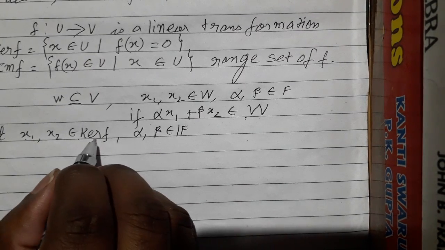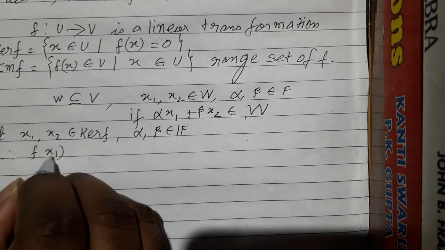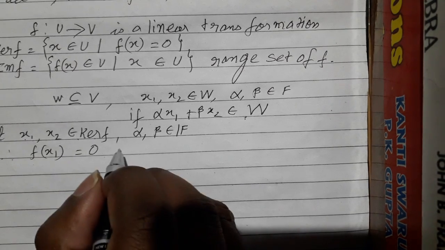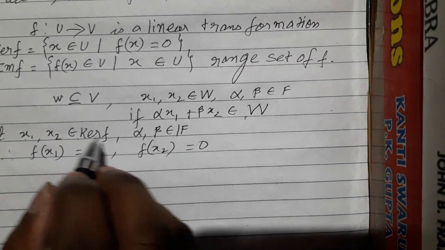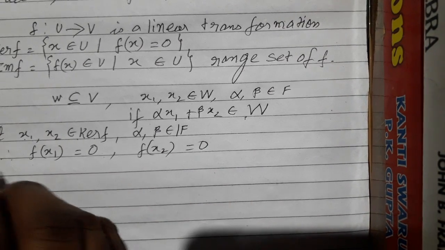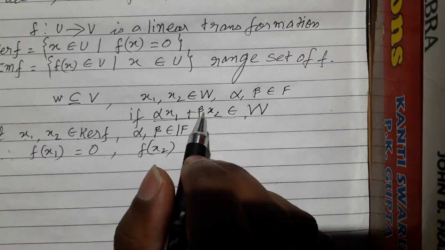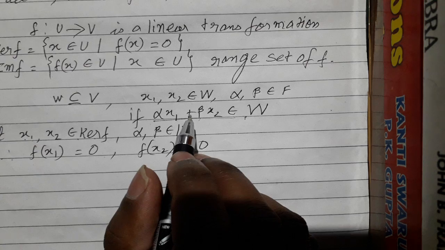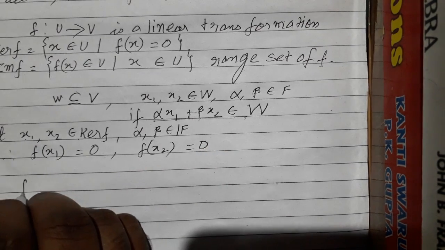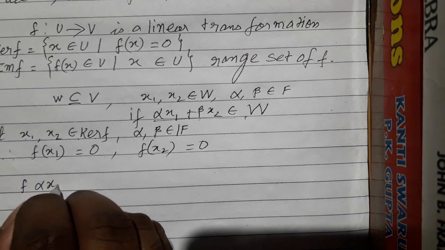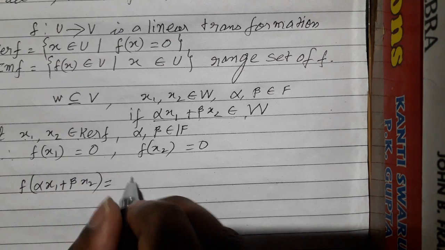Since these belong to the kernel of F, f of x1 should be 0 and f of x2 should also be 0. Now we have to show that this linear combination belongs to the kernel of F, so we take f of alpha x1 plus beta x2 and have to show it is 0.